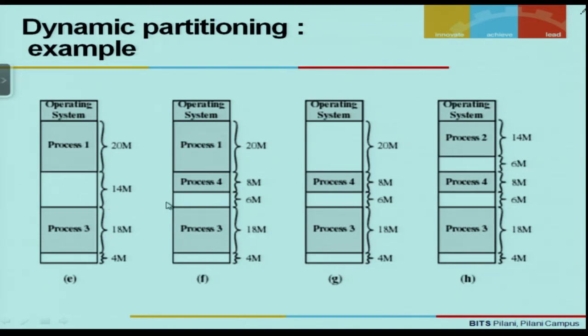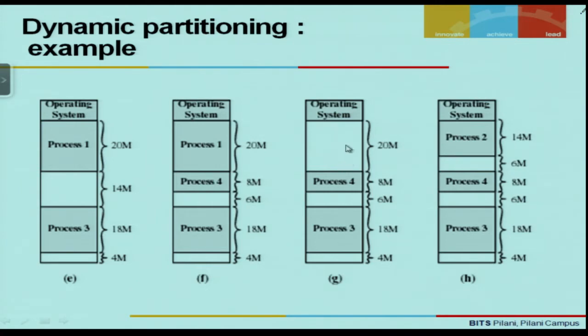At the next step, what we have tried showing you is that another smaller process comes in which requires 8 megabytes. Out of this 14 megabyte free space, 8 megabytes is consumed by process 4, and it leaves a remaining hole of 6 megabytes.